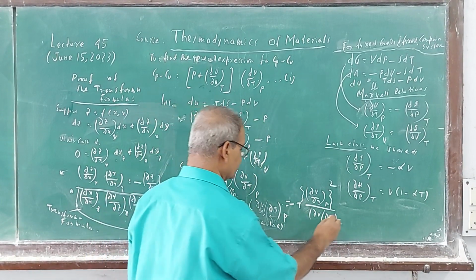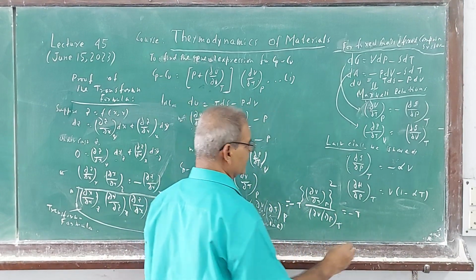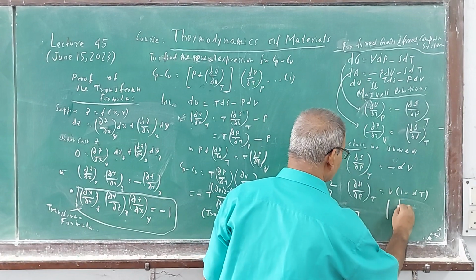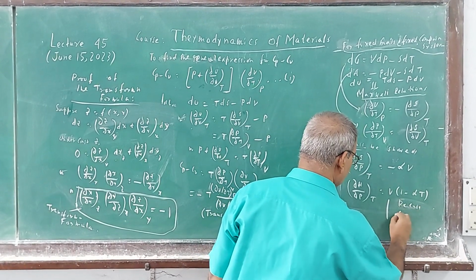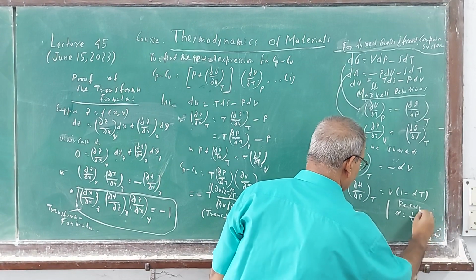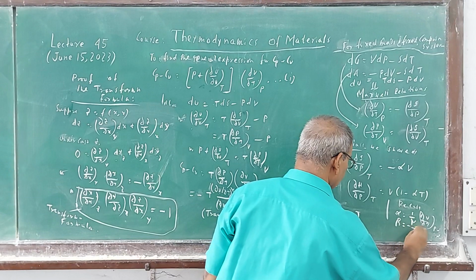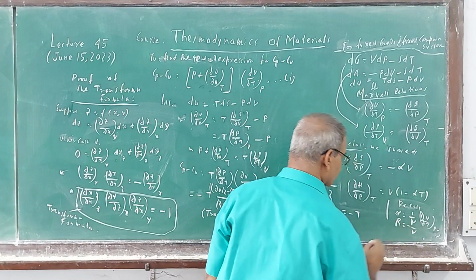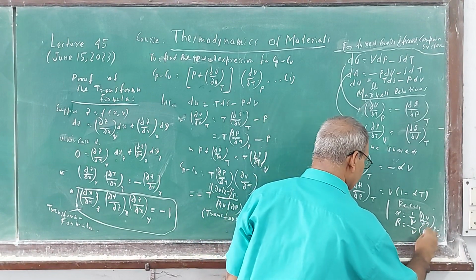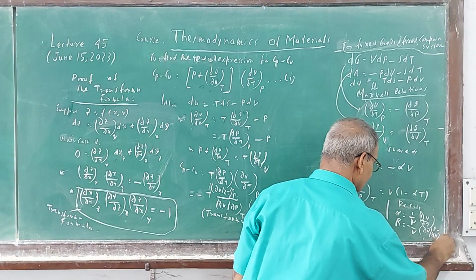Now tell me, what is this? Minus T. What is alpha? Recall, alpha is 1 by V times del V by del T at constant pressure. And likewise beta is minus 1 by V times del V by del P at constant temperature.